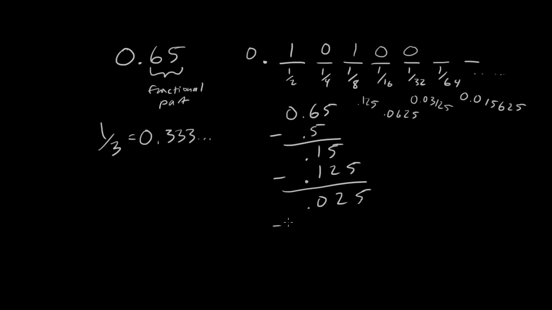So if I spread that out, 0.15625, well, okay, this is where it gets a little hairy. I could keep going, 1/128th, and at some point we're going to get tired of doing this, but before we do that, let's take a look.